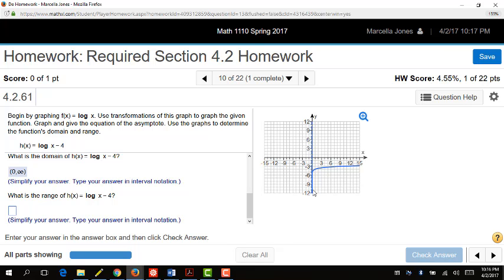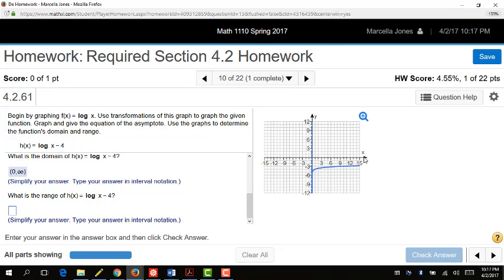And actually, remember, it's increasing very, very slowly. I don't get the y value of 0 until my x is 10,000. The common log of 10,000 is 4. So then I'll have 4 minus 4 as my y value when x is 10,000.